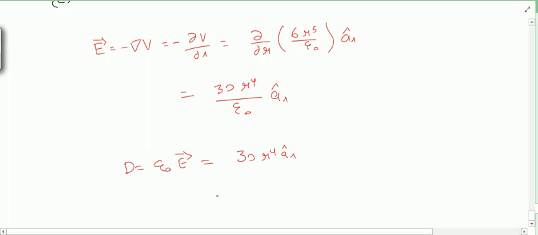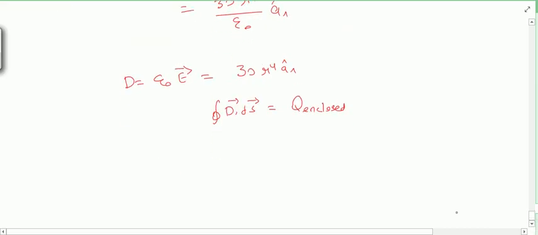Now using Gauss law, D dot ds will be equal to Q enclosed by the unit sphere. Here D is 30 r raised to 4 and ds will be, for the a r component, r square sine theta d theta d phi.